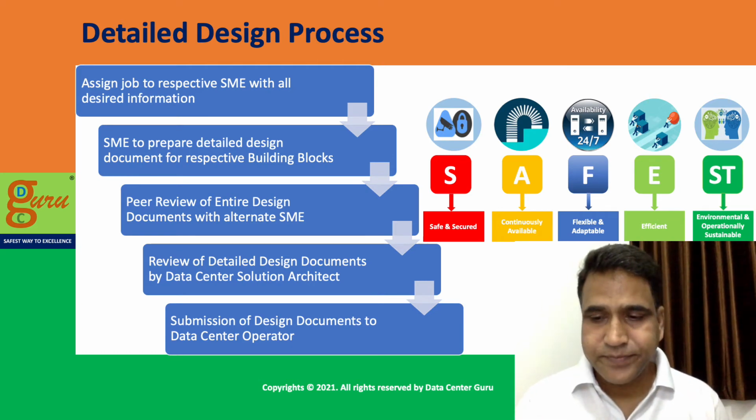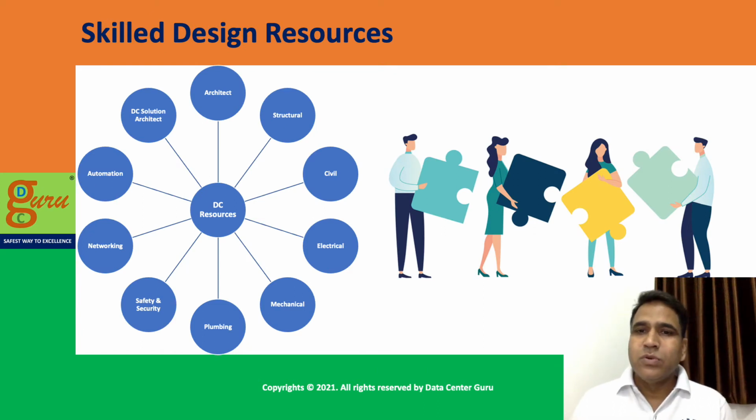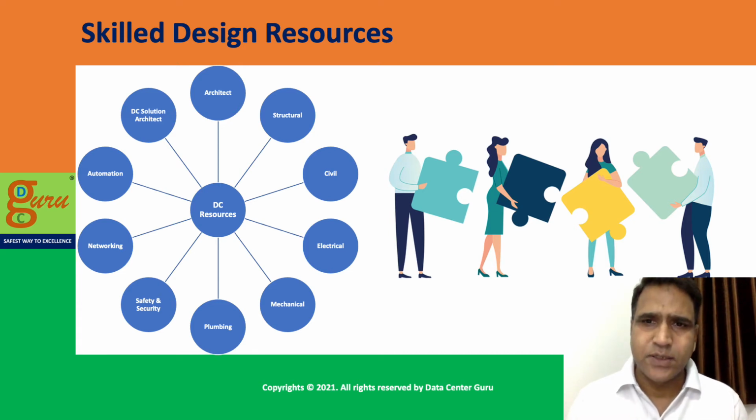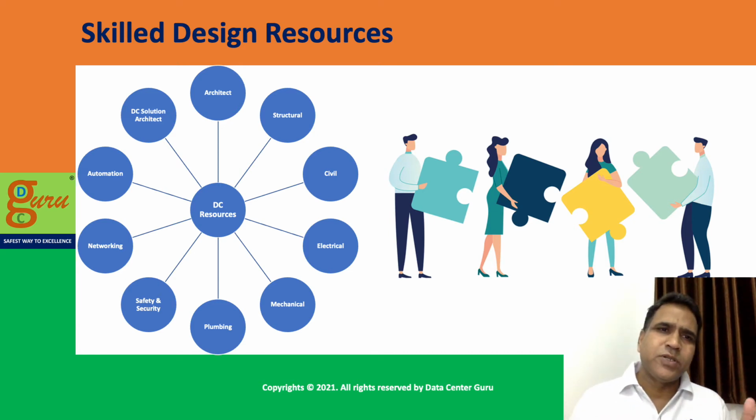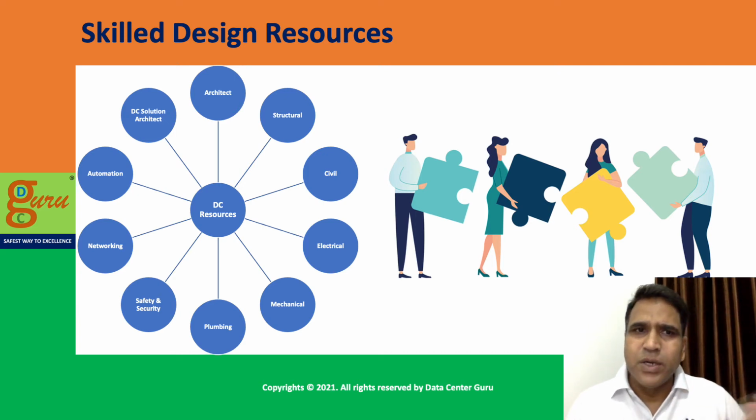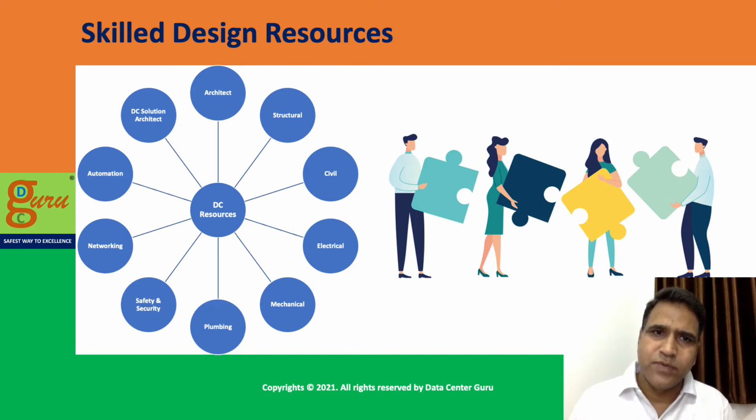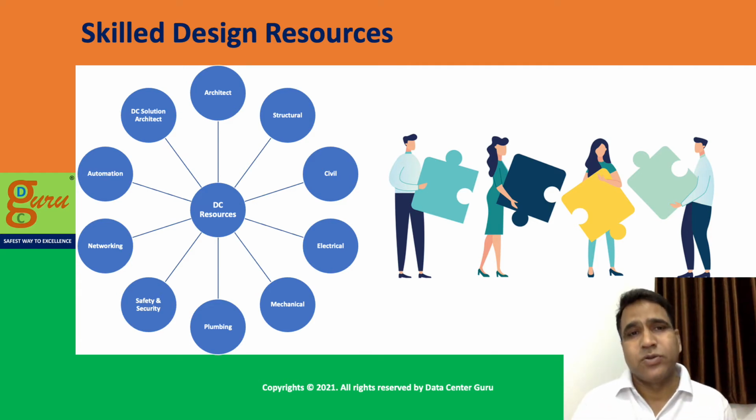Now moving on to the kind of skill sets required during this phase. I talked about this earlier also, but I'm trying to re-emphasize the skill sets. On the left hand side, in the overall building blocks, you see data center resources, which start from your building architect to structural SME, civil SME, electrical, mechanical, plumbing, safety and security, networking, automation resources, and data center solution architect.